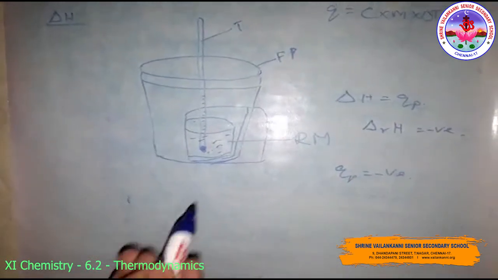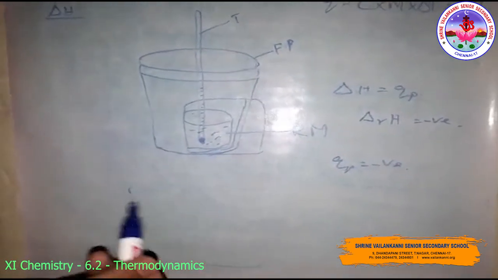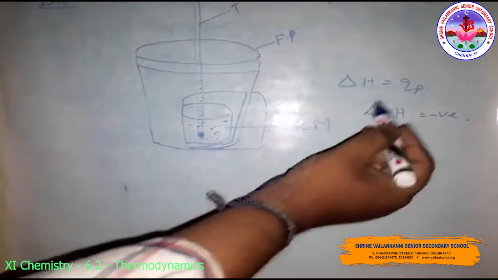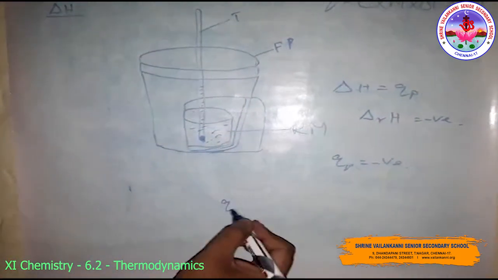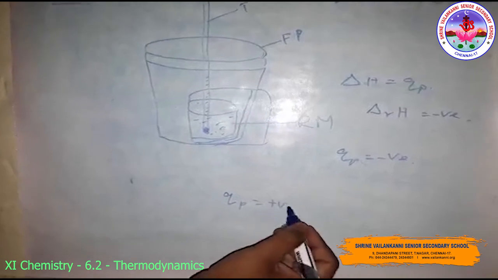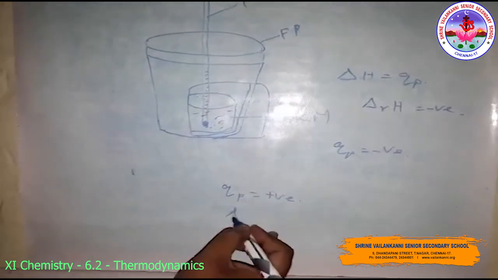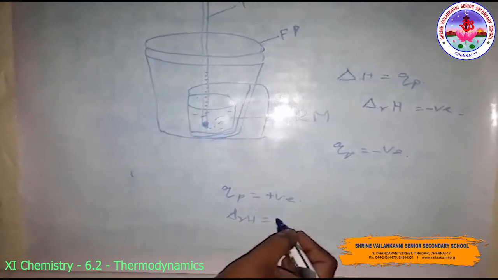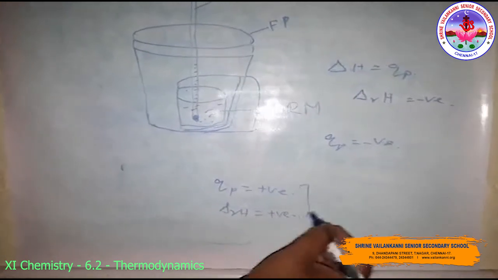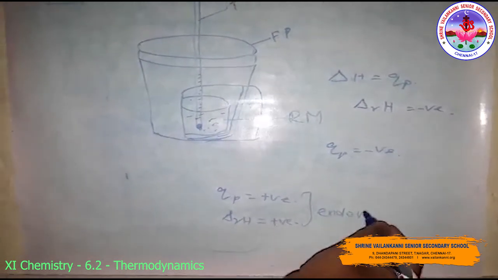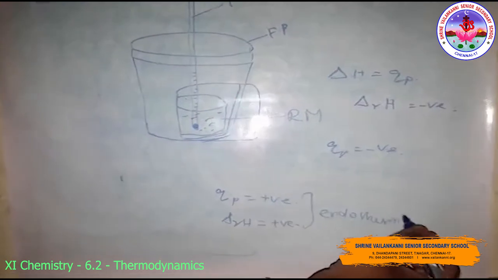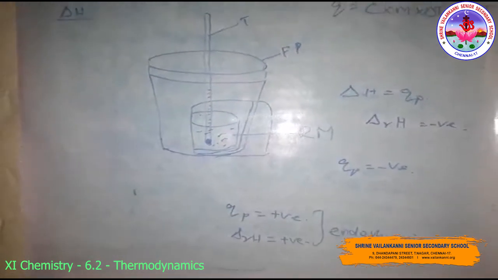Similarly, in an endothermic reaction, heat is absorbed. For an endothermic reaction, QP is positive, and the reaction enthalpy is also positive. So this is endothermic, and this is exothermic.